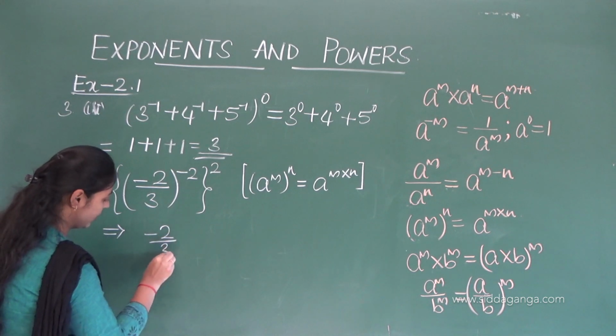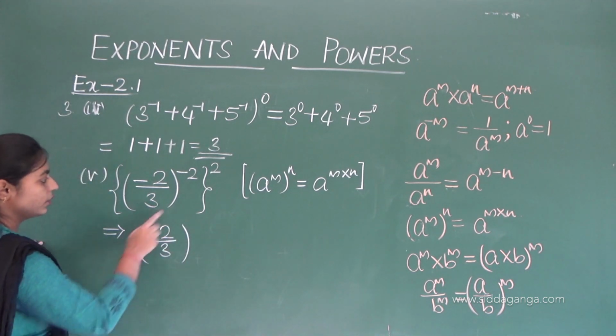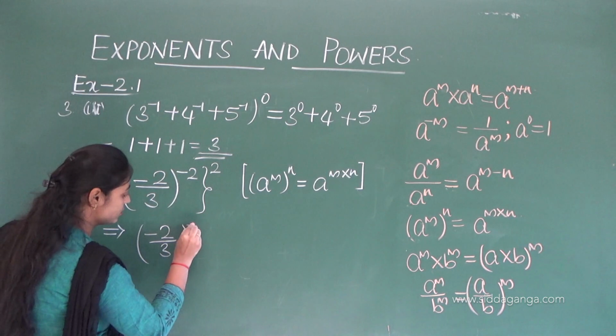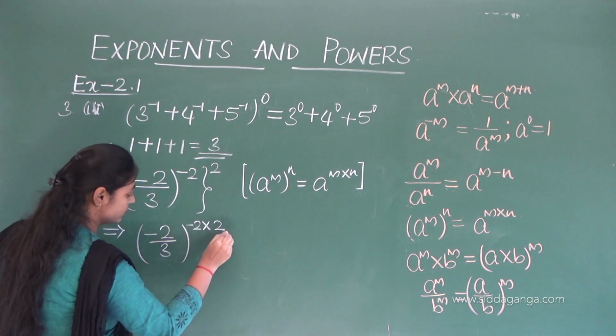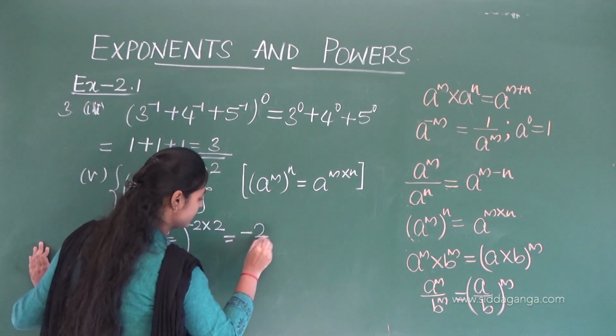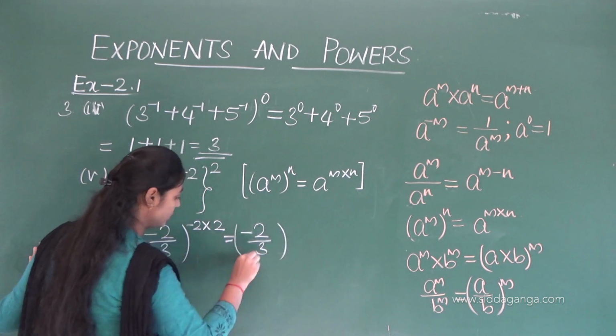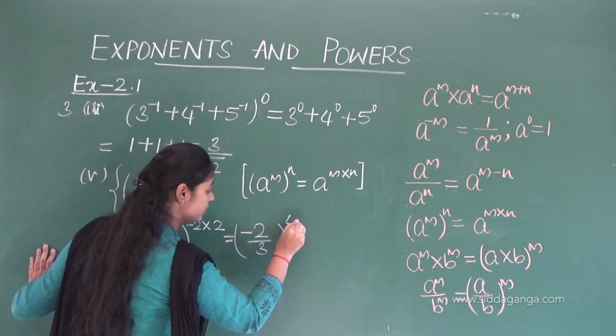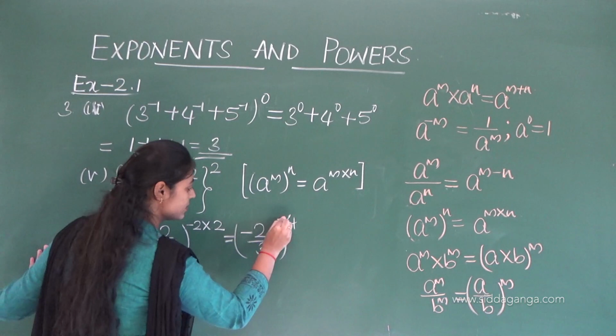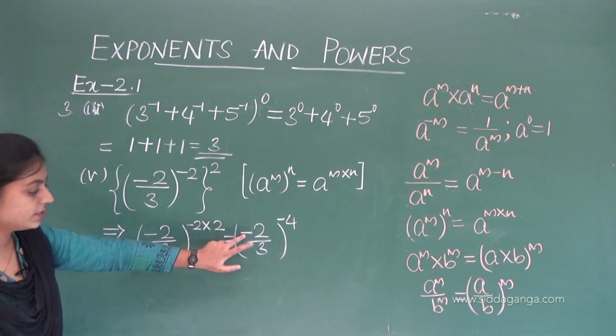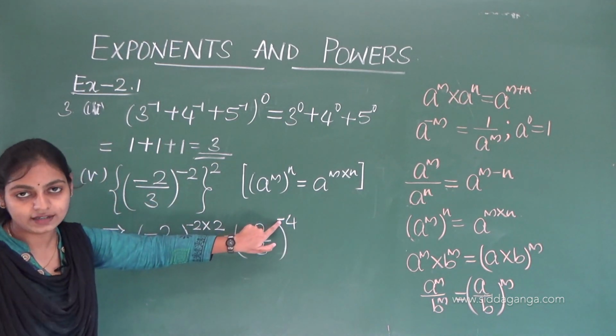Here, -2 divided by 3 whole to the power of (-2 into 2). That is equal to -2 divided by 3 whole to the power of, 2 2s are 4, minus into plus is -4, so -2 by 3 whole to the power of -4.